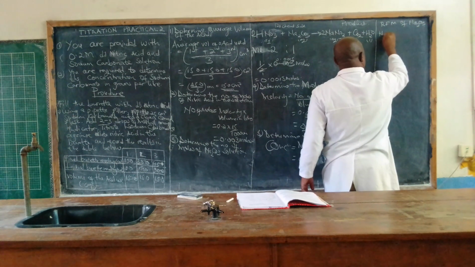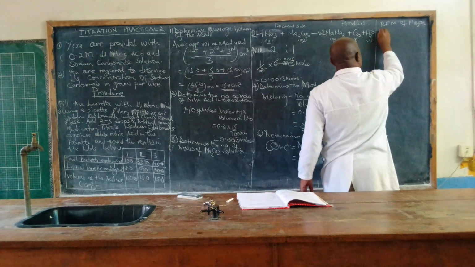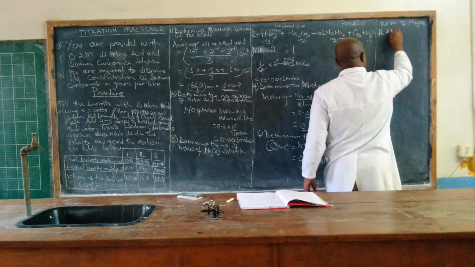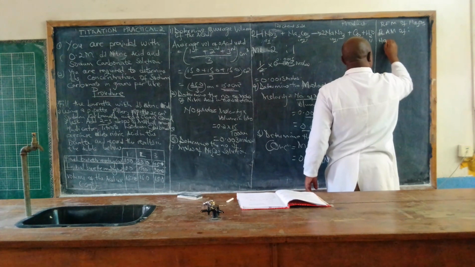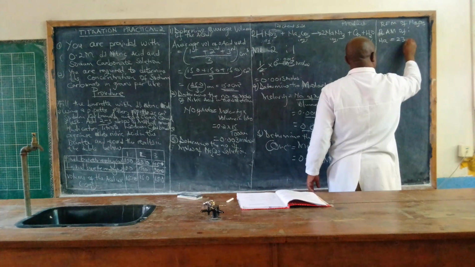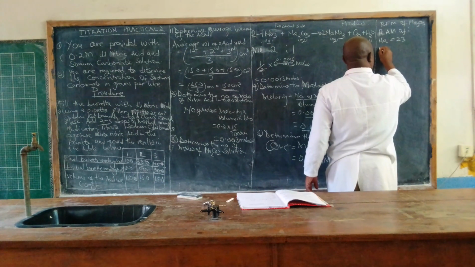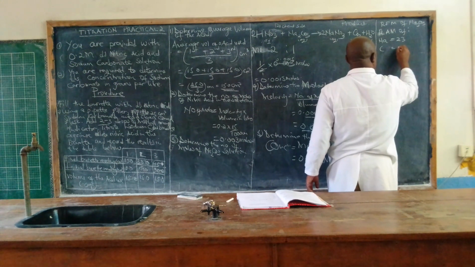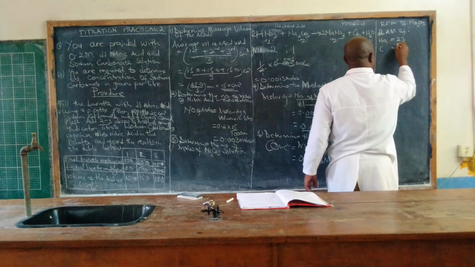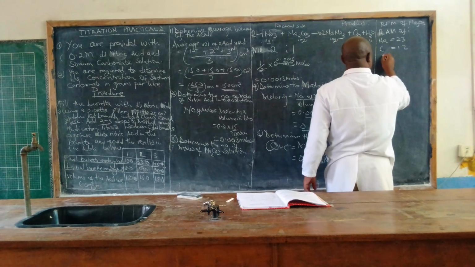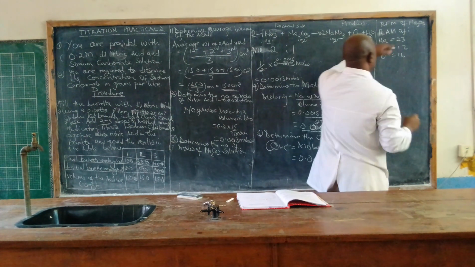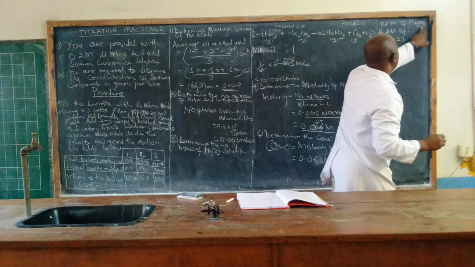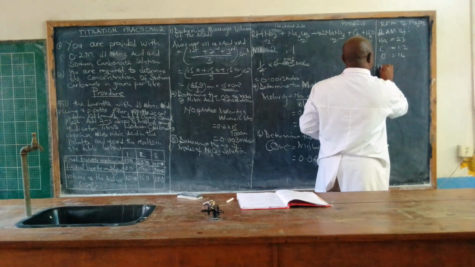Remember, the relative atomic mass of sodium is 23, carbon is 12, and oxygen is 16.